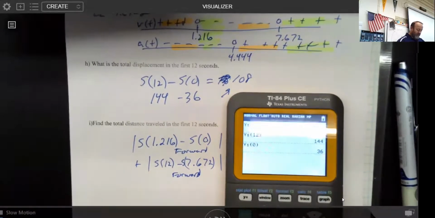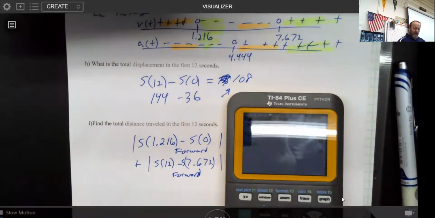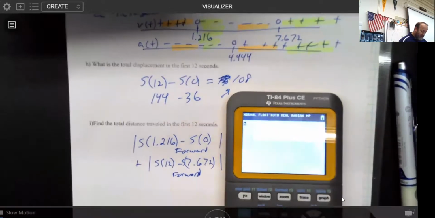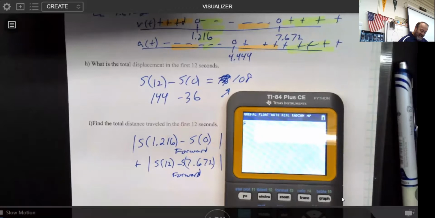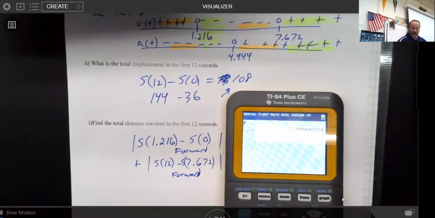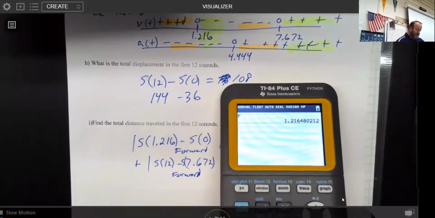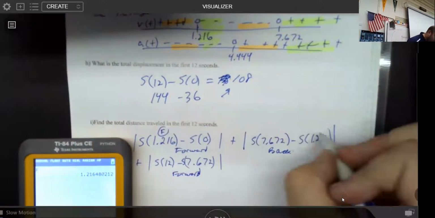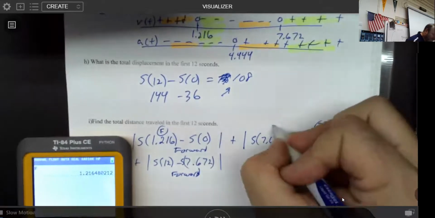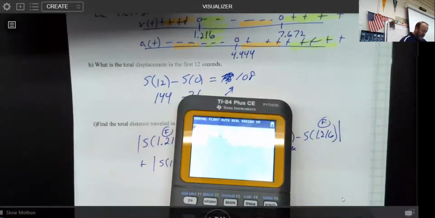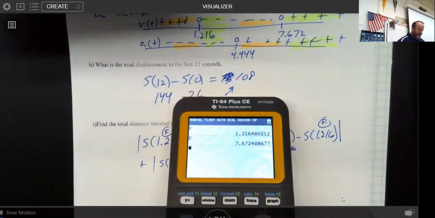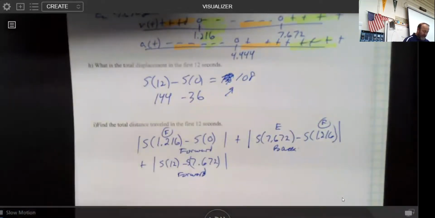And just remember, I stored some stuff in it. So when I'm looking for that 1.216, I think it is F on my calculator because it automatically stores those things. So I'm just going to put an F right here and right here. And as you recall, hopefully from class, the calculator stores the other one as letter E. So let's see what we got.